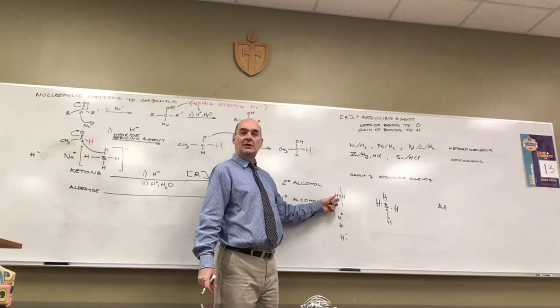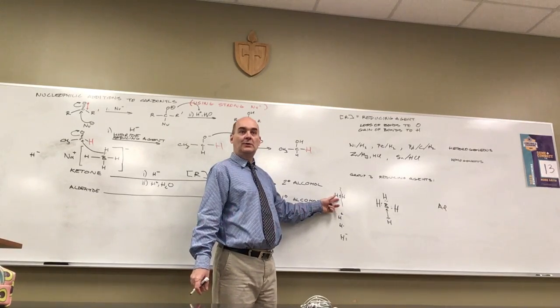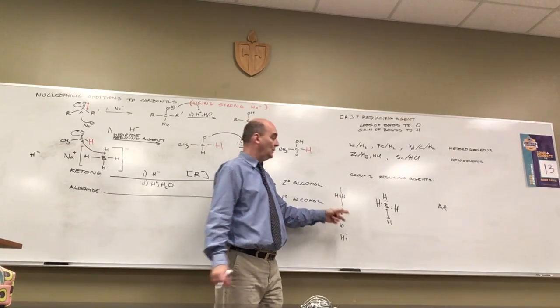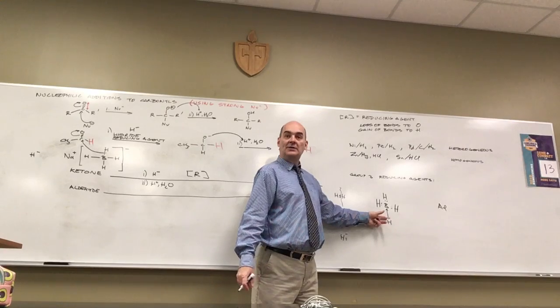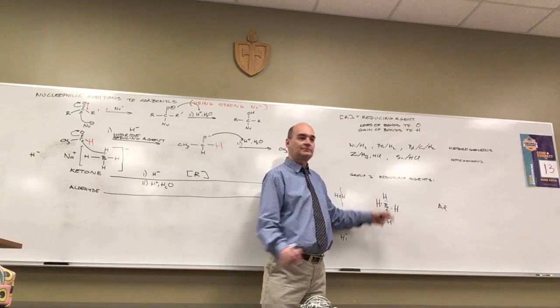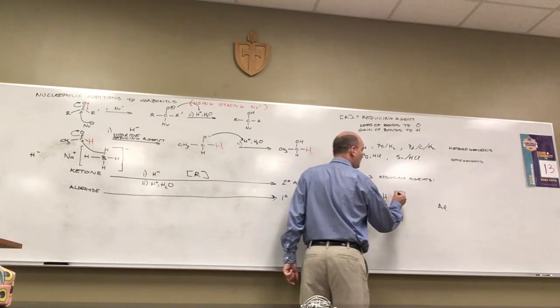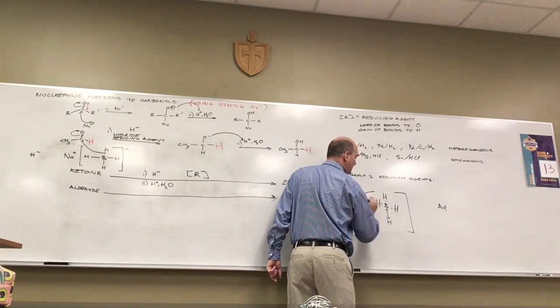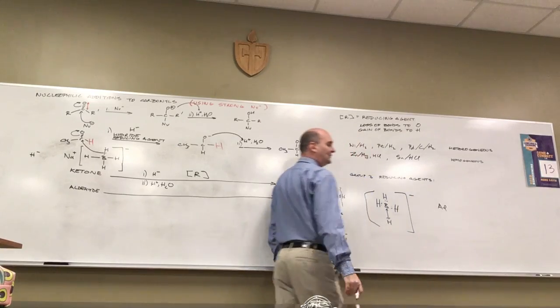So I just do the heterolysis on a molecule of H2. I take the hydride and I give both of those electrons to here. This now makes this tetrahedral, and there is a negative charge in there somewhere.